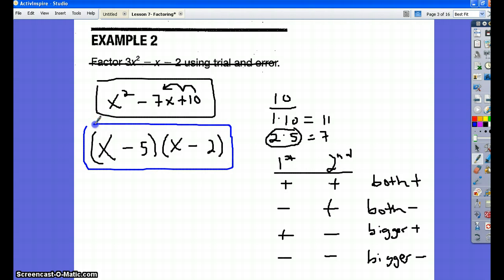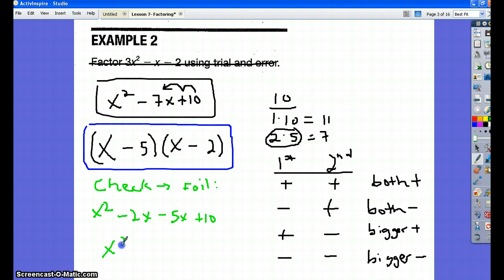This is the answer. Now, how could we check that? Well, we can always FOIL it back out, right? So check, FOIL. So FOIL this back out, right? The first is going to be x squared, minus 2x. It's the outside. The inside's negative 5x. The last is plus 10.